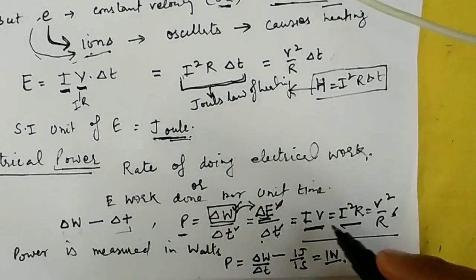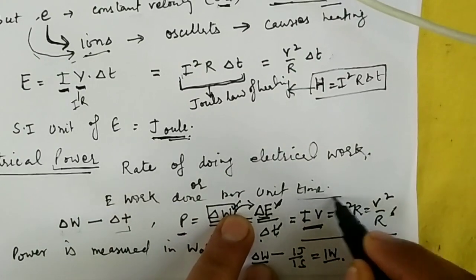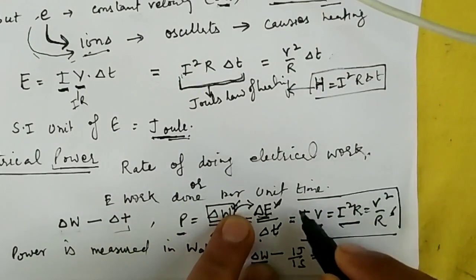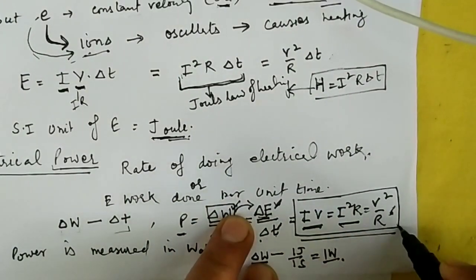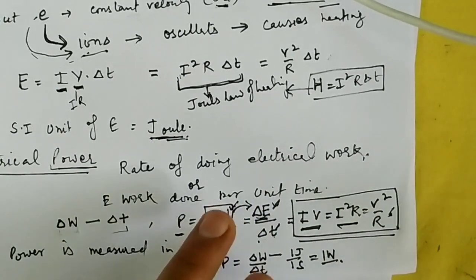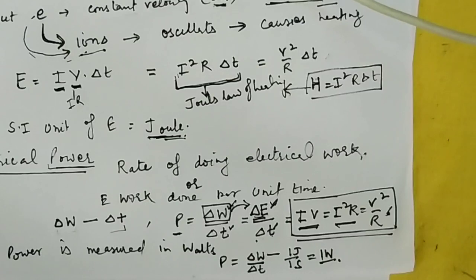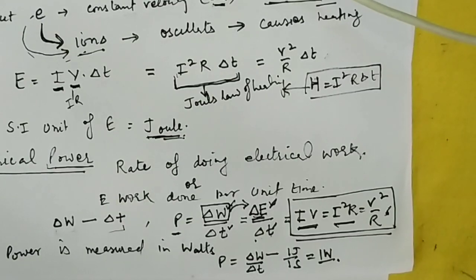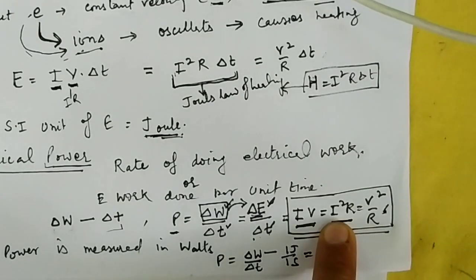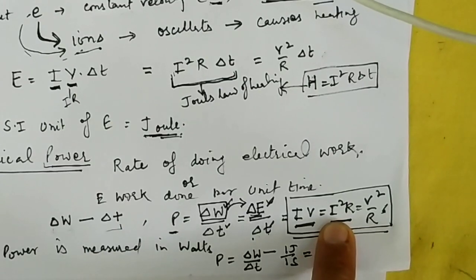Further, you must note when to use which formula. Which of these three relations to use when depends upon the numerical problem. Suppose our current is constant, then you will use this formula.